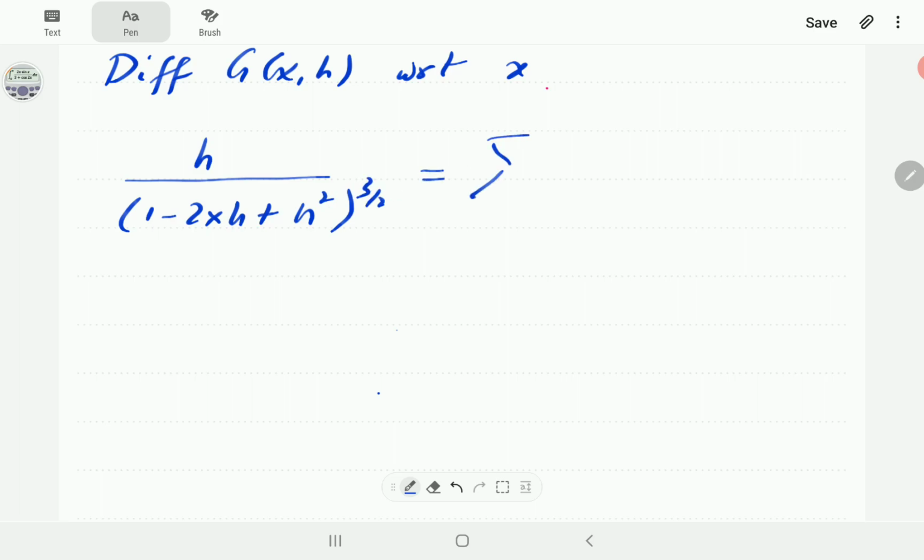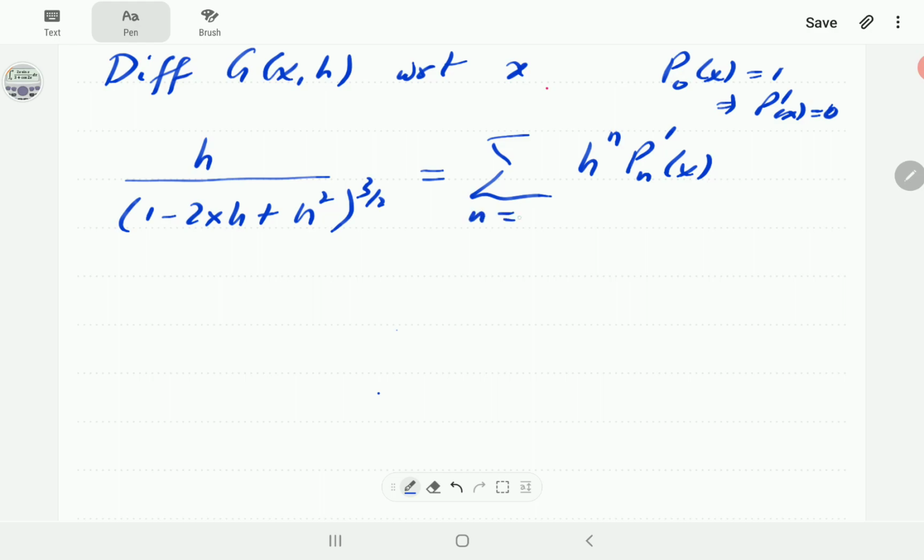The summation term is going to be h to the power n Pn of x prime. Now, since the derivative of the P naught term is 0, so P naught prime is 0, our lower summation is going to have to be n equal to 1.